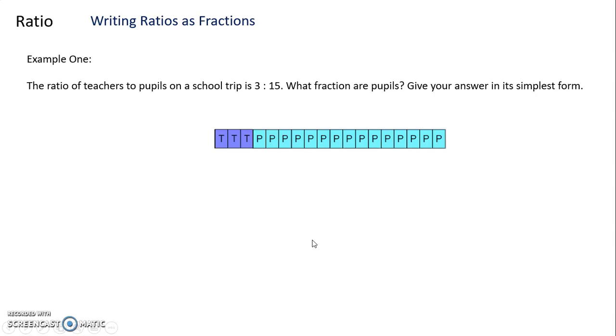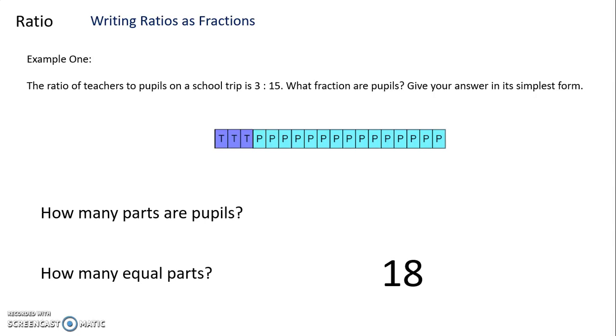And so if I'm giving the fraction of pupils, I'm going for how many equal parts altogether. Well, that is in total 3 plus 15, which gives me a total of 18 equal parts. And then how many of those are pupils? Well, there are 15 that are pupils, so that gives me 15 out of 18.